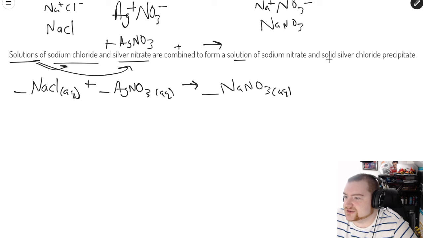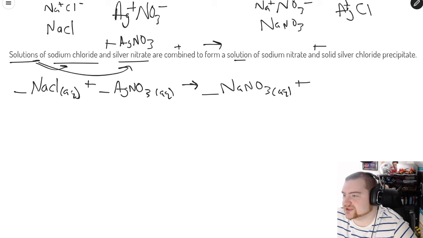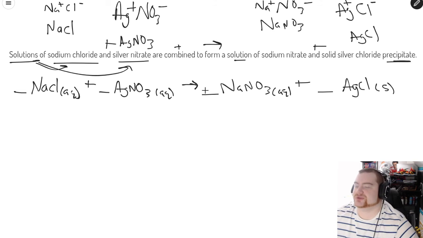And solid silver chloride precipitate. So we'll have our plus, because this says and. Silver chloride, we have AgCl. So silver's +1, chlorine's -1, so our formula is AgCl. And then it says precipitate. So precipitate means what? It means it's going to be a solid. Okay, so there's our reaction written out.